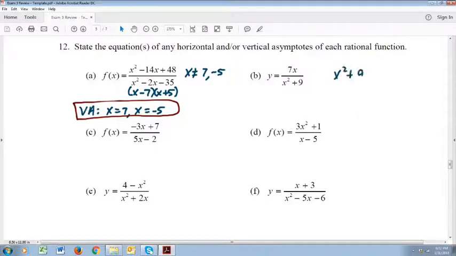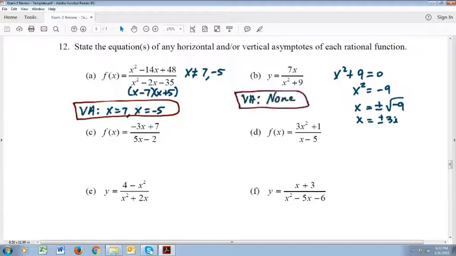On part B, when you set the denominator equal to 0 to see what values of x cause your denominator to be 0, when you solve this, you subtract 9 on both sides. We're going to end up taking the square root of negative 9, so we're going to get 2 imaginary numbers, which tells us there are no vertical asymptotes.